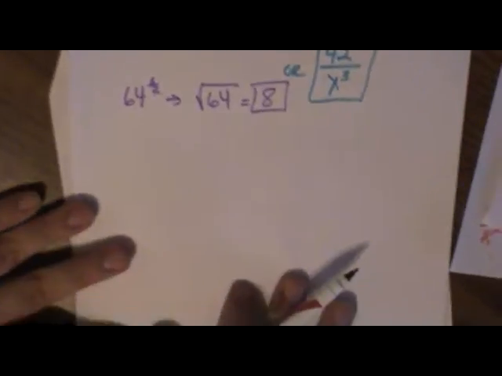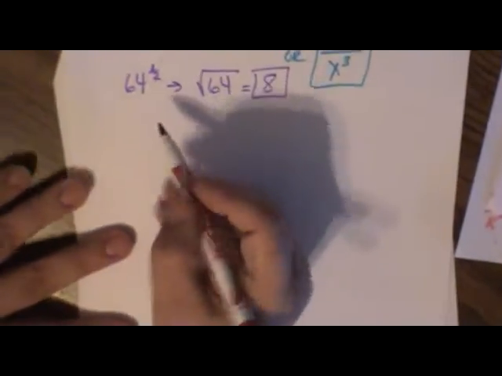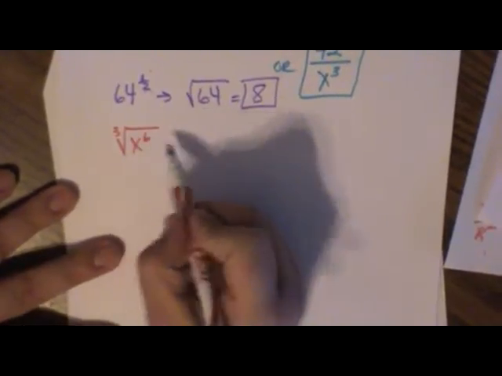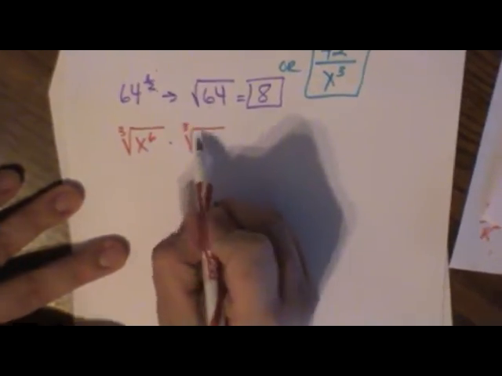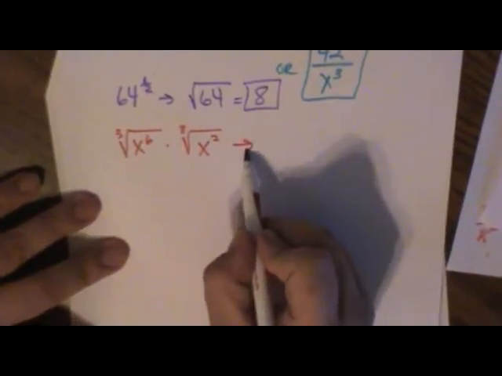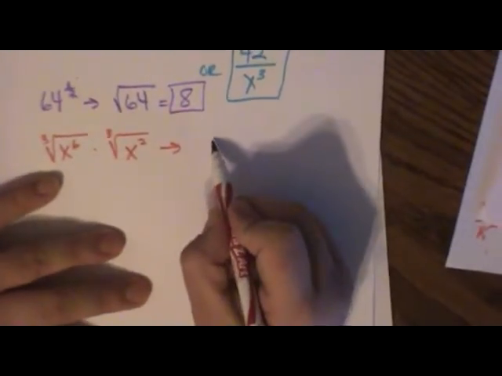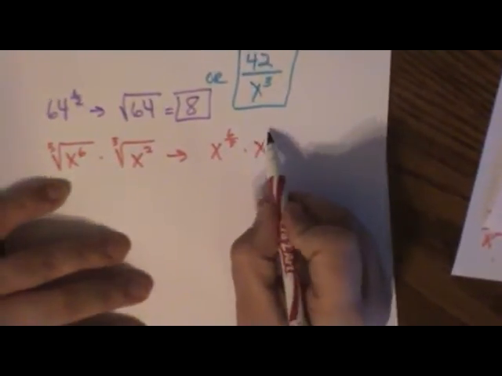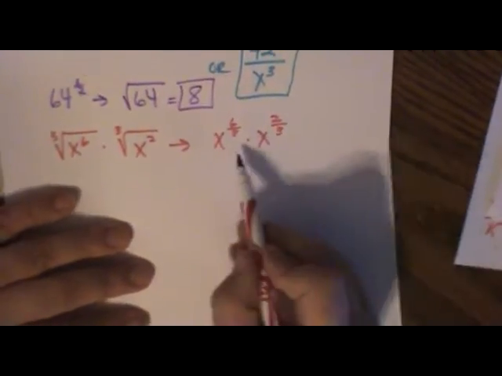Now we're going to look at the cubed root of x to the 6th power times the cubed root of x to the 2nd power. Rewriting those in rational exponents, we get x to the 6 over 3 times x to the 2 over 3, power over root.